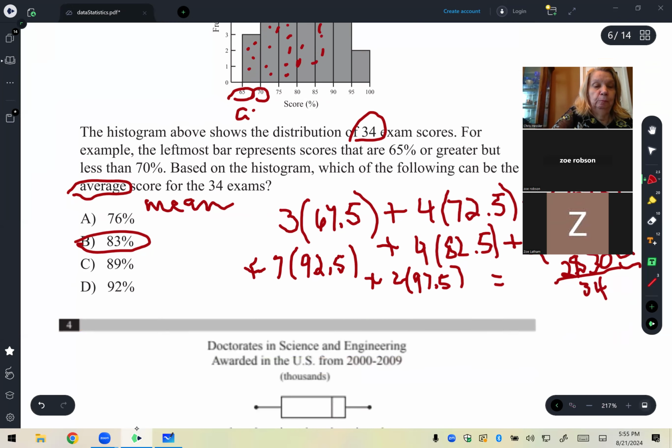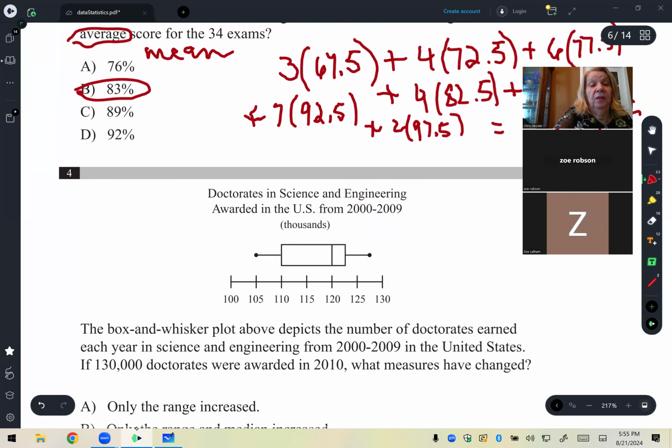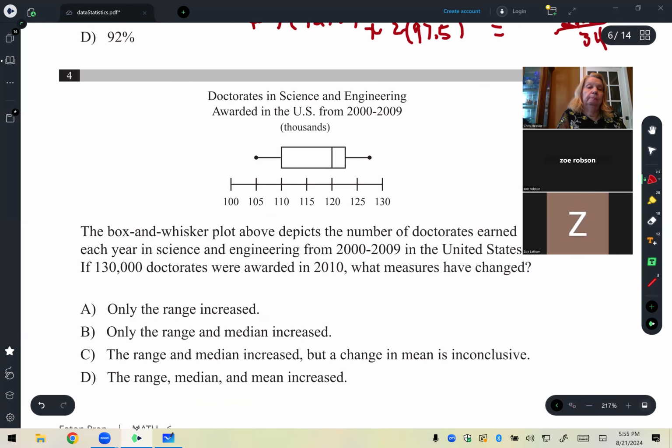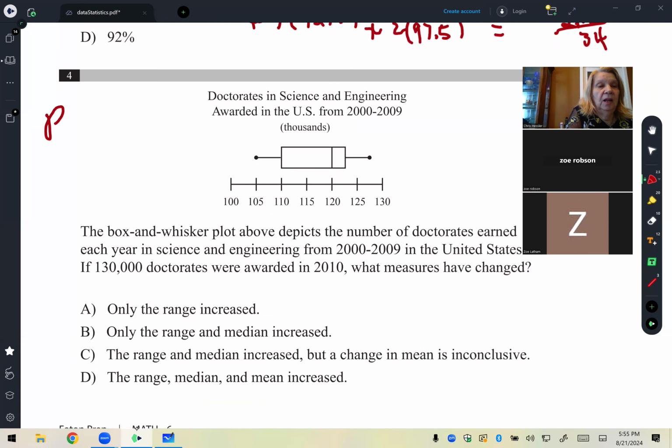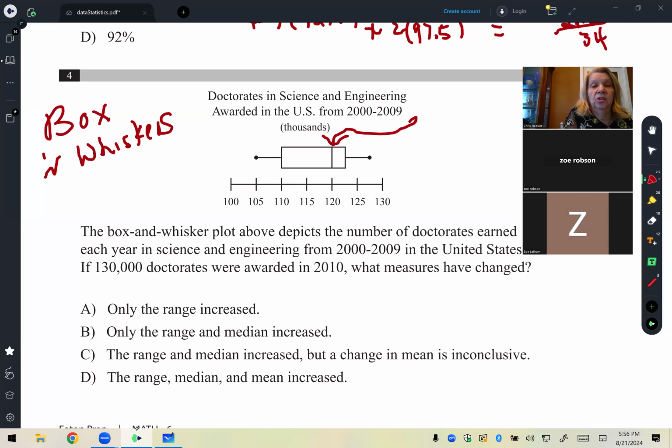Now, you've had these in school, and they're called box and whisker plots, I think. I hope that's how you learned it. I think maybe in 6th grade. So anyway, this is your median.